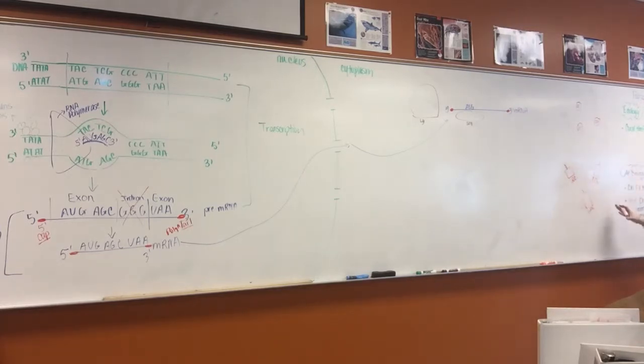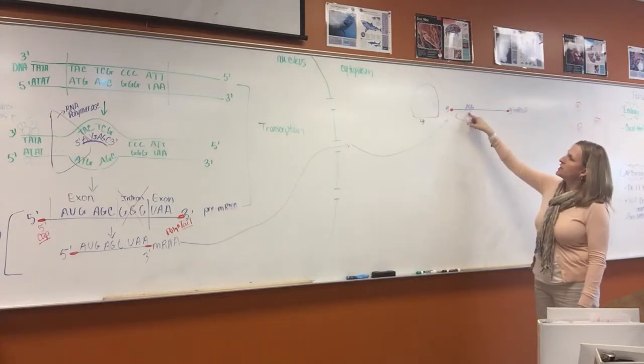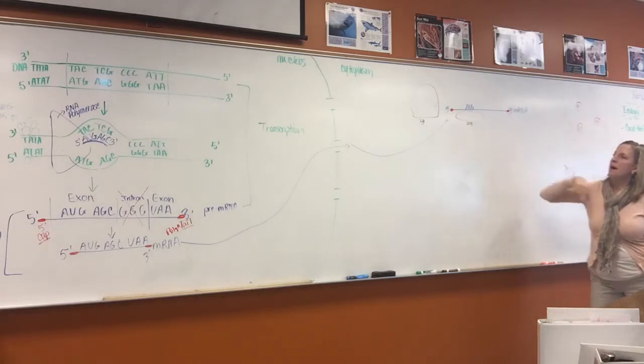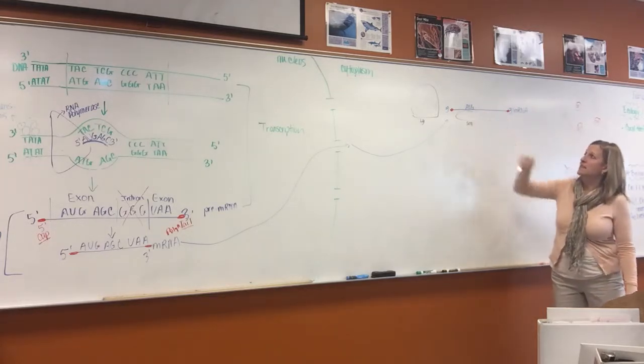So we make all these different tRNA molecules. Notice here, AUG: the only tRNA that will bind to that is the tRNA with UAC, right? So it's UAC. This is the only one that will bind to that. No other tRNA will bind to AUG.